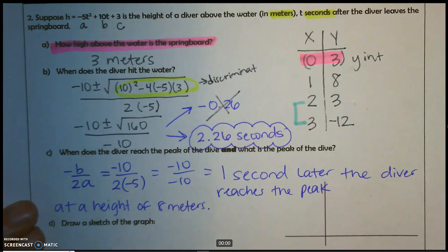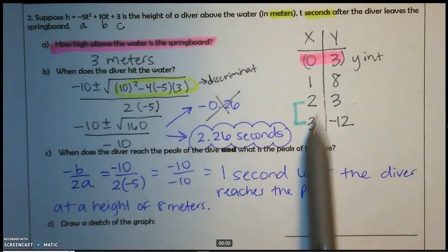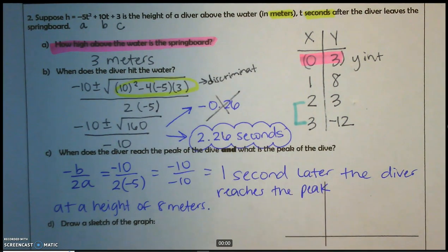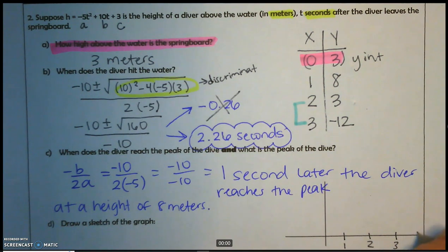Now it says draw a sketch of the graph. Because there are no units given, we can go ahead and create our own. Given that it hits the water somewhere in between 2 and 3 seconds, right about 2.26, we really only need this to max out at 3 seconds. So 1, 2, 3, and I'm just going to label this as seconds in the scenario.